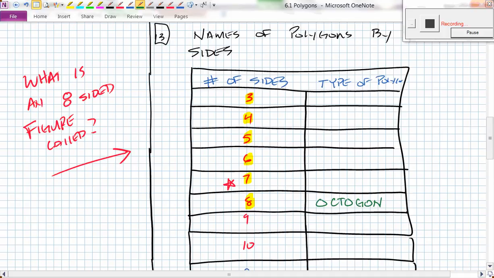All right, what do we call... Jose Guzman, what's a 3-sided figure called? Triangle. Very good. Good. What's a 4-sided figure called? Alyssa Richards. Can anybody help her out?